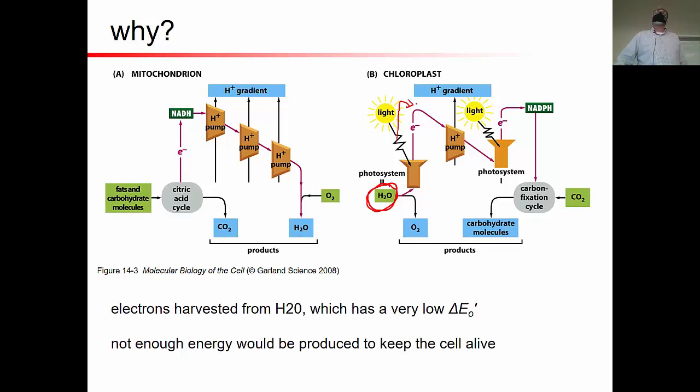Then we can move them through a series of redox centers and move protons. We can also produce NADPH, which will be a source of electrons when we go to build carbohydrates.